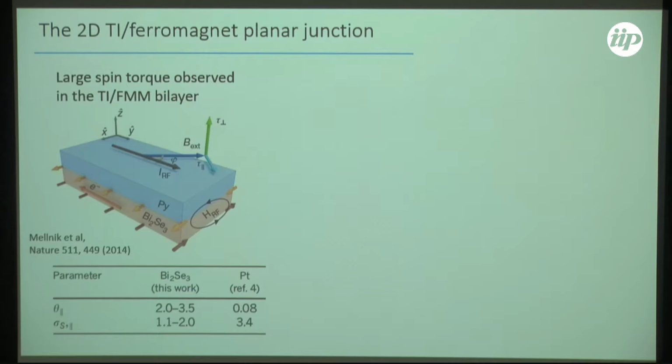Okay, now coming to the very last subject of my talk. We now have a nice spin-momentum locking in the surface state of a topological insulator, right? So now let's try to break it by depositing a ferromagnetic metallic thin film on top of it. This particular system has become highly pursued recently because they found current-induced spin torque in it.